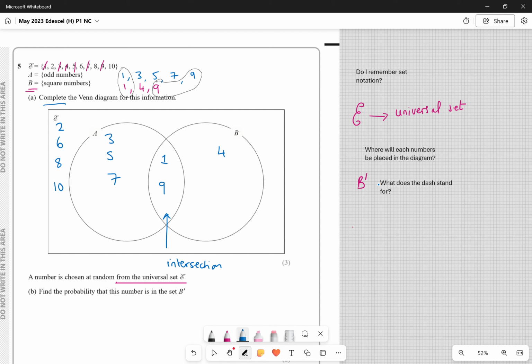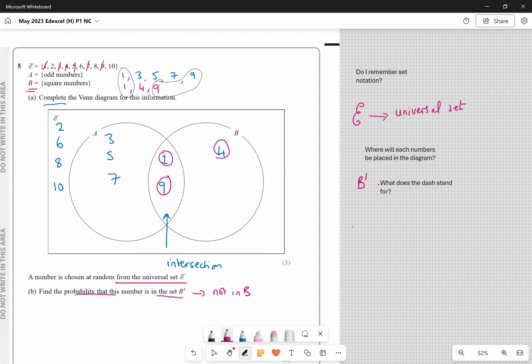Now, the question in part B is, what is the probability that the number you pick at random is in the set B dashed? What does B dashed mean? B dashed means not in B. So we're looking at all the numbers which are not in set B. So 4 is in set B, 1 is in set B, and 9 is in set B. So we're not going to use those.